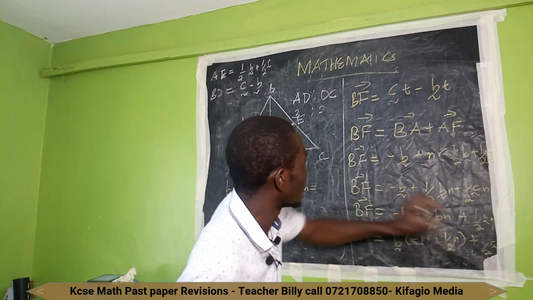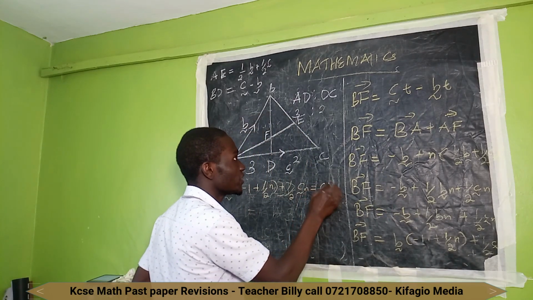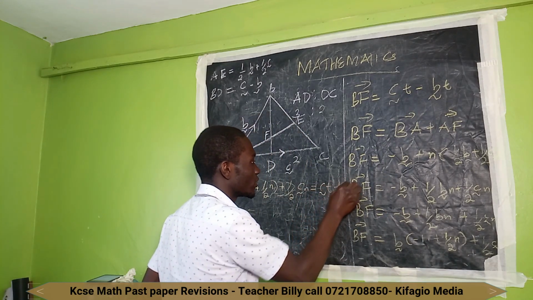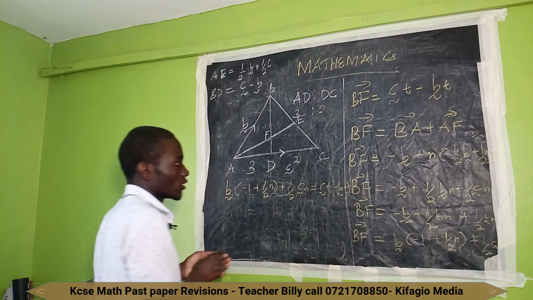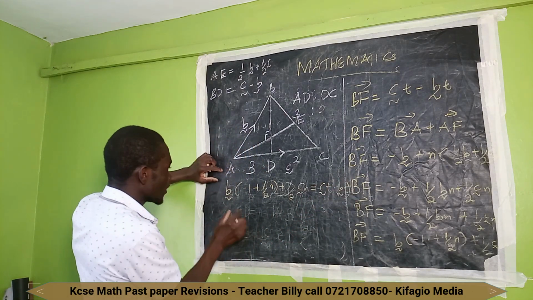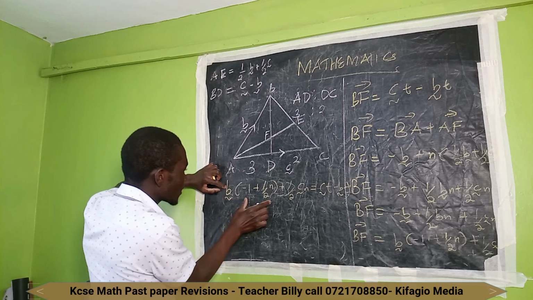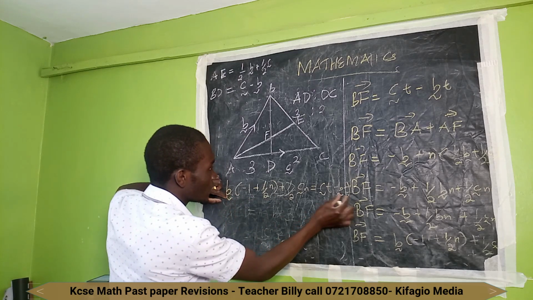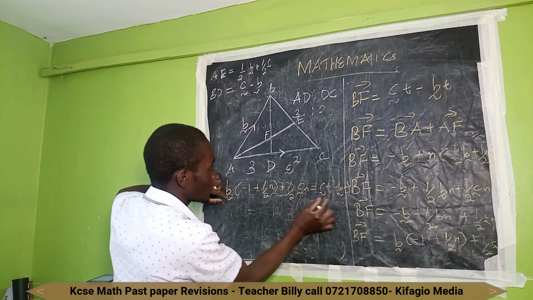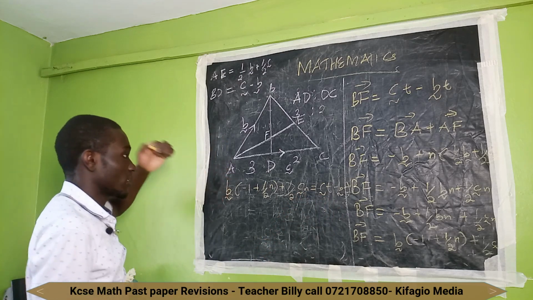So the B part is equal to this part here, and the Cn is equal to the part there.